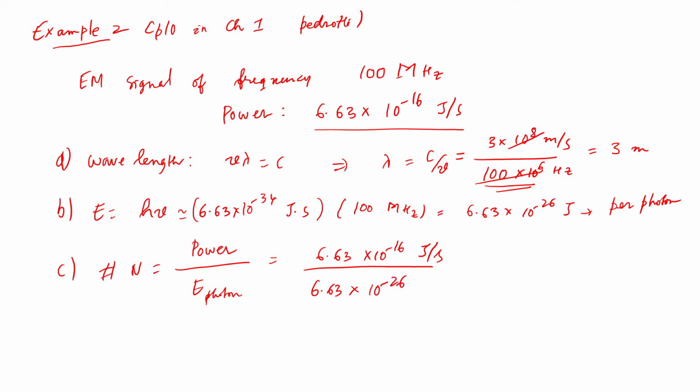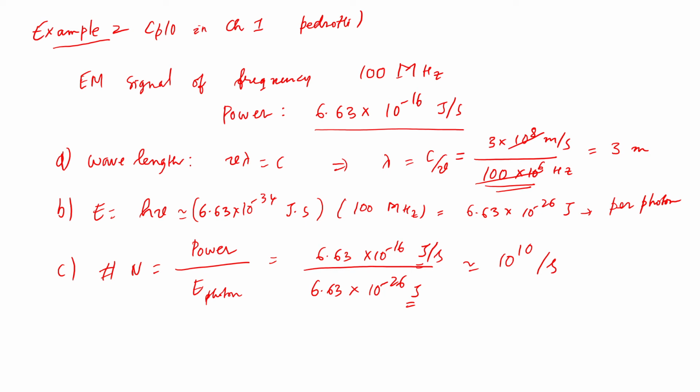So you can see that we have around 10 to the power 10 photons per second. Notice that this is joules, this is joule per second, so you have per second left over, so you have a number of photons.